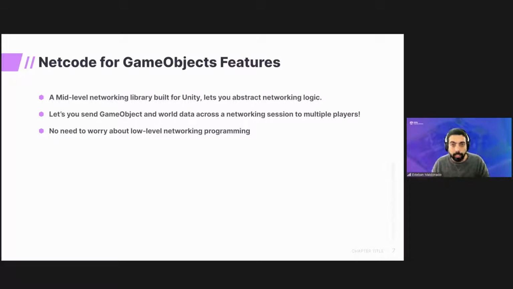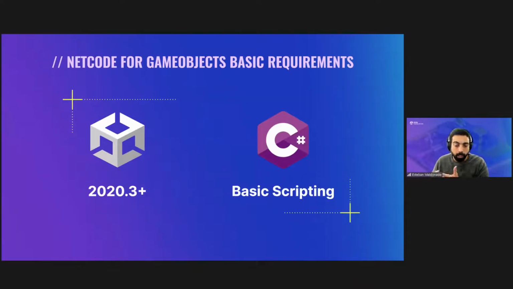One of the requirements, as of today, one of two strong requirements, is that you use Unity version 2020.3 or newer. And even though it eases a lot of the technical debt required to develop the multiplayer side of the game, you still need to be very familiar with the Unity C# environment.